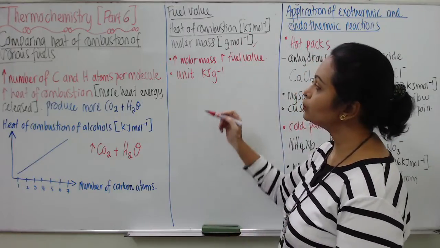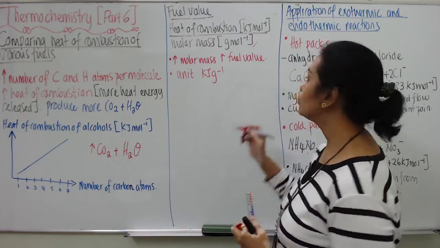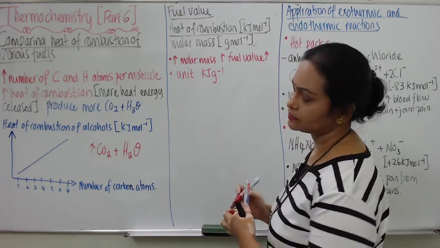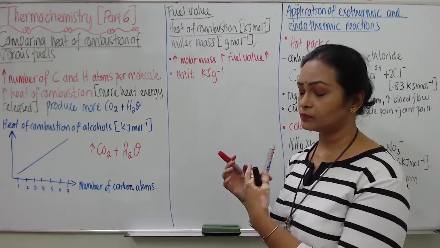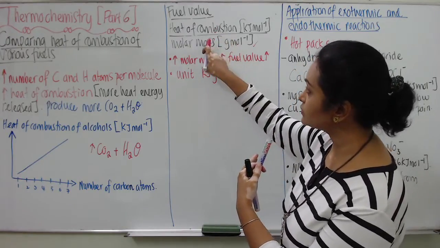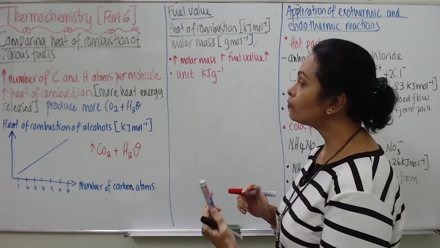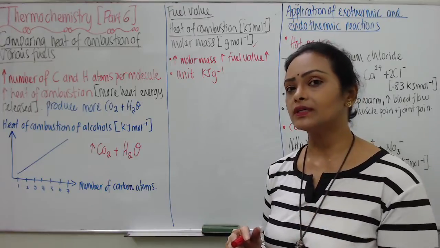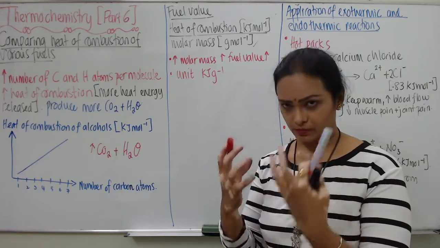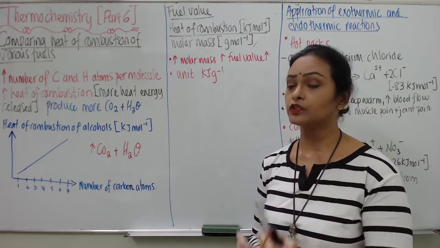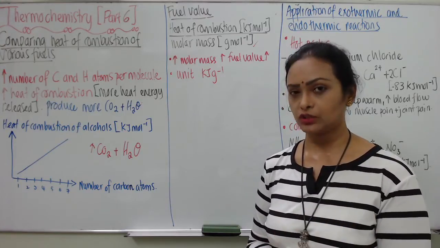So fuel value shows that when the molar mass increases, the fuel value also increases. When the heat of combustion increases, the molar mass also increases for that particular molecule. So when the fuel value of a certain fuel is higher, this shows that this fuel is more beneficial, because it produces more carbon dioxide and water molecules and releases more heat.